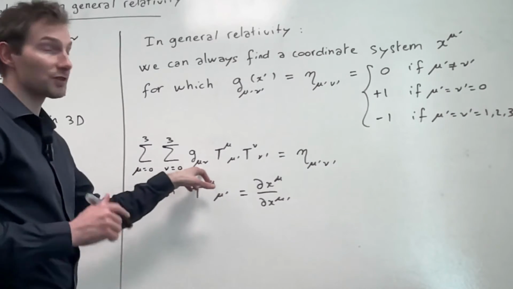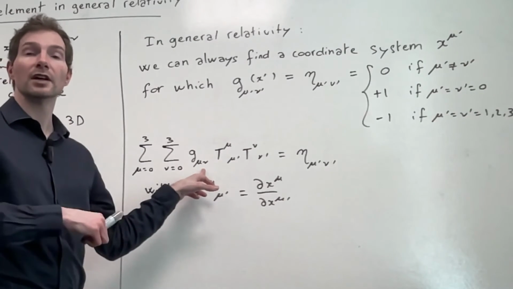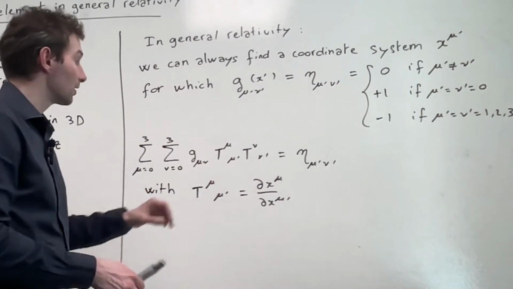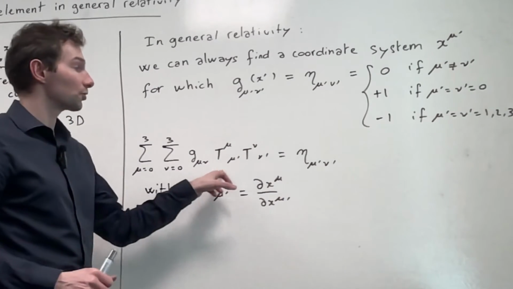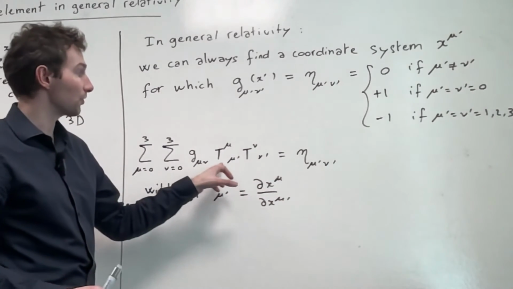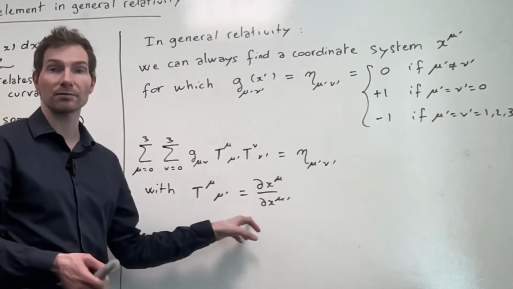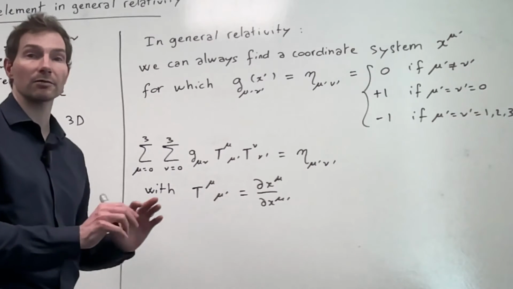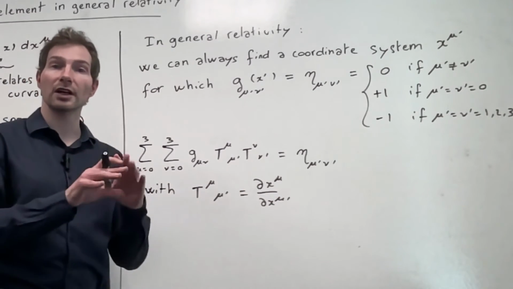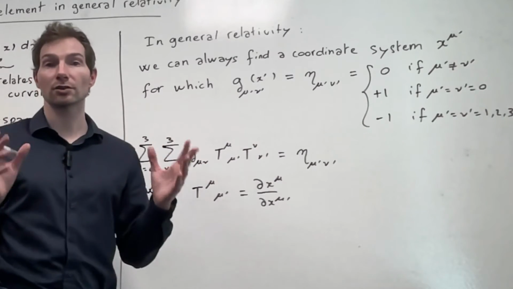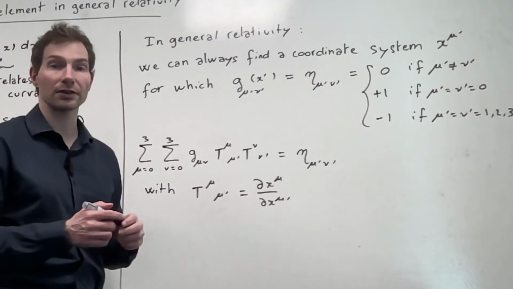By definition, this is the so-called tensor criterion. So if g mu nu is a tensor, which it is, then it's going to transform in this particular fashion, with the transformation rule being like this when we change coordinate system. That's the kind of thing I'm using here.